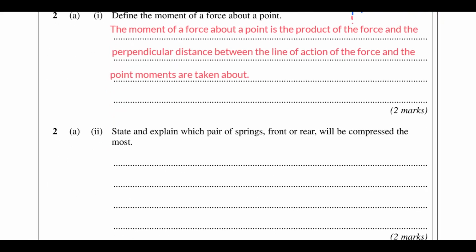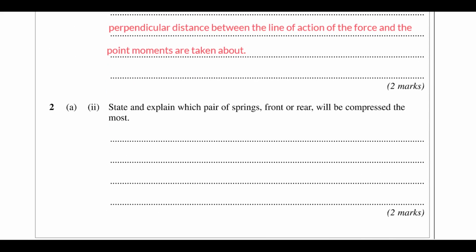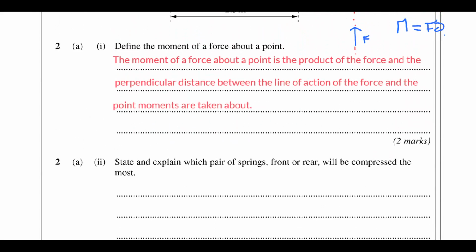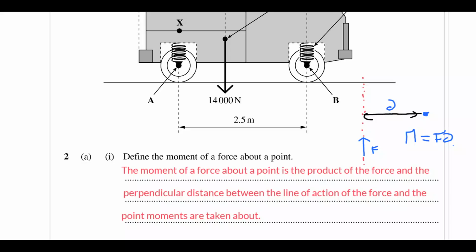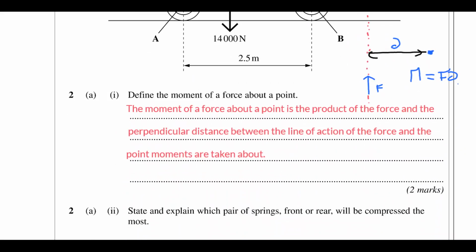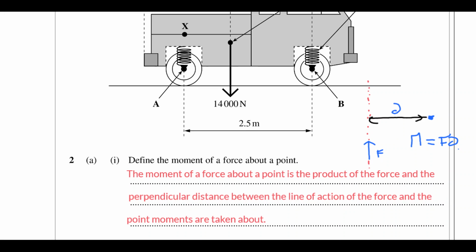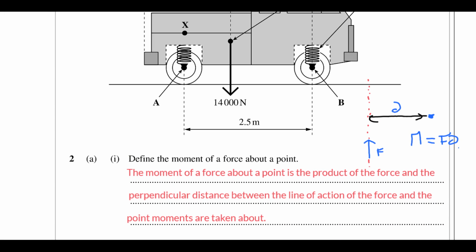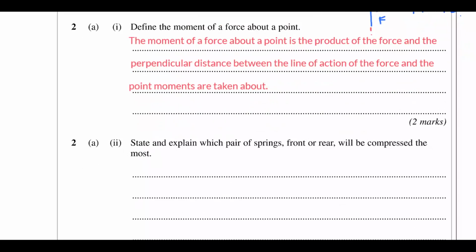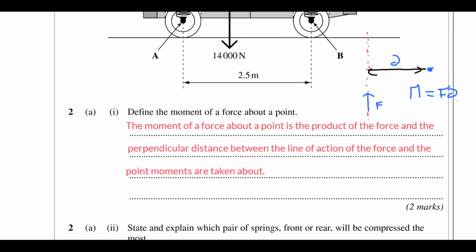So state and explain which pair of springs, front and rear, will be compressed the most. So the first thing is, if we take moments about the centre of gravity, the moment of one spring must be equal to the moment of the other if it's in equilibrium. So that's the first thing.